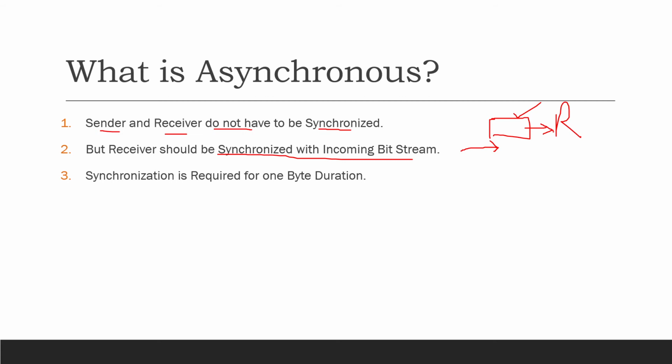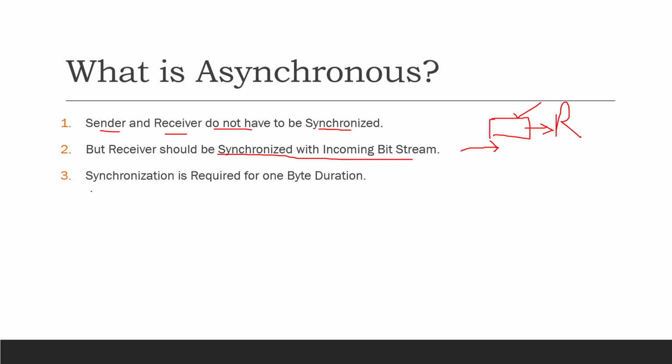When that starting bit is identified at the receiving end, it means the synchronization has been done. So though it is asynchronous because of the different clocks operating at transmitter and receiver, the receiver is synchronous to the received information. This is the meaning of the second statement.